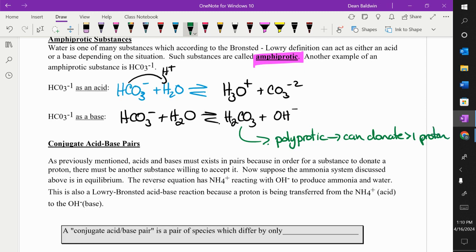We'll talk about that later. It's easy to get rid of the first proton. It's harder to get rid of the second proton. Okay.